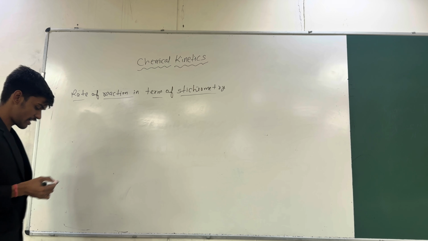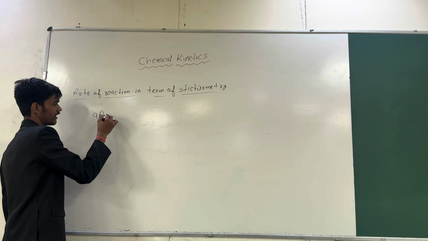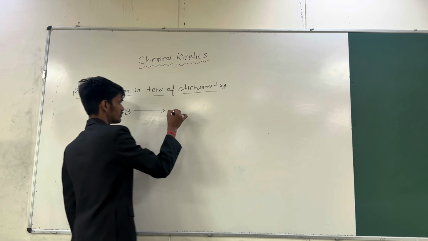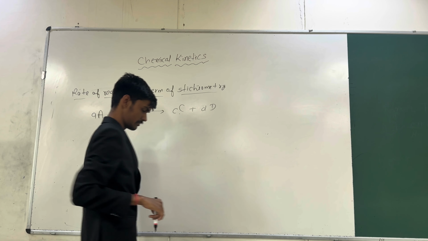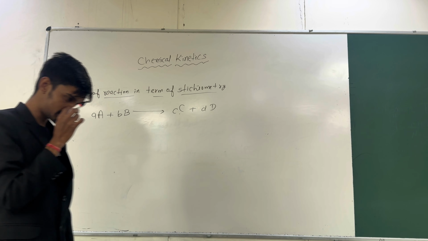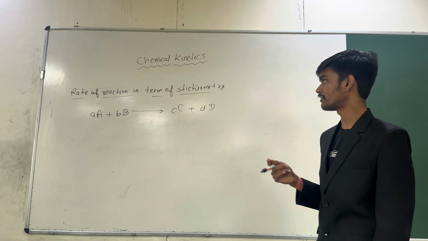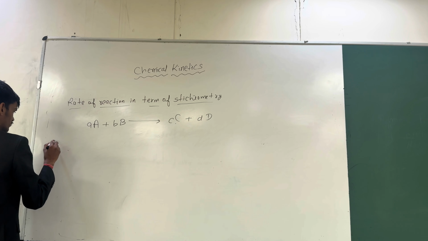Let us consider a chemical reaction in which a moles of reactant A react with b moles of reactant B to produce c moles of product C and d moles of product D. If it is asked to write the rate of reaction for this reaction, what is the rate of reaction?